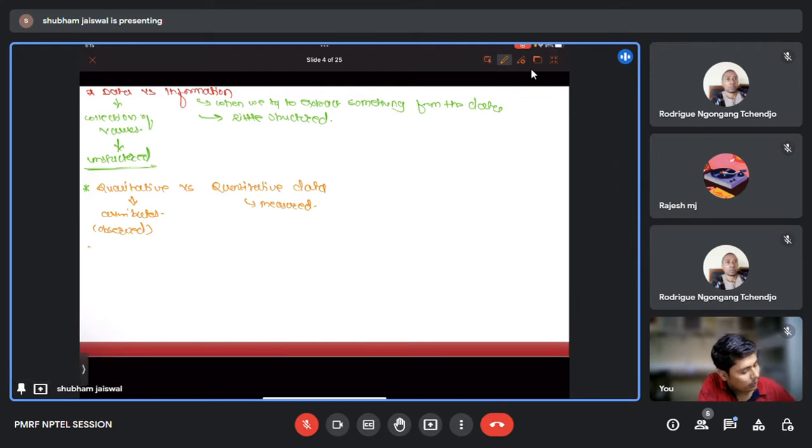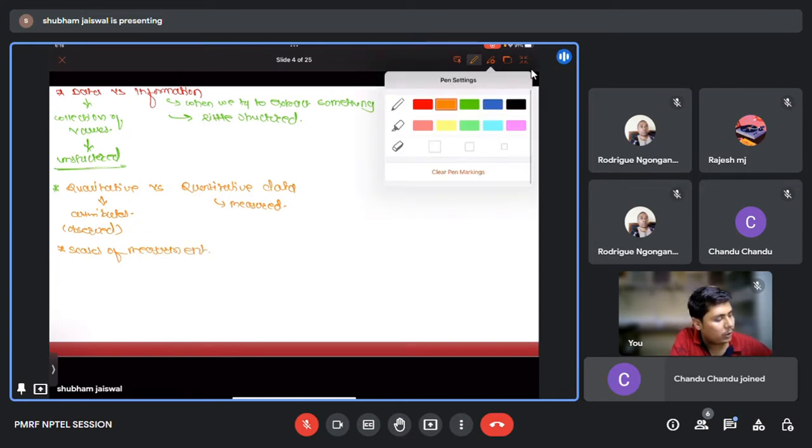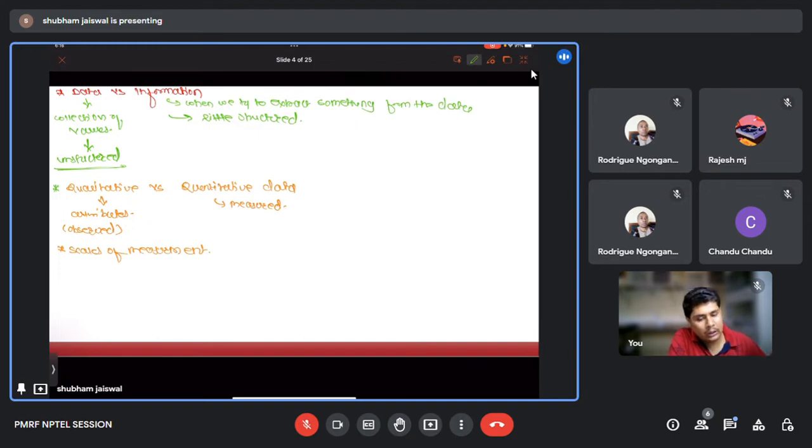After that we have seen the scales of measurement. Okay. In scales of measurement, we have seen the two main types of scales, that is categorical and numeric. In categorical, there are two types.